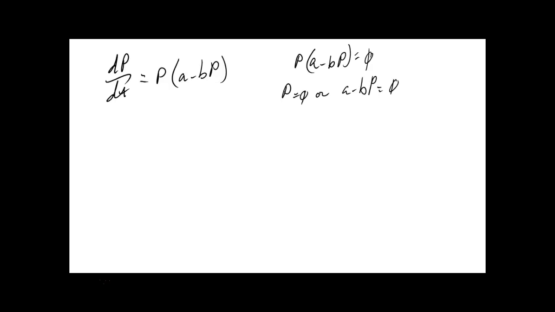Either P is equal to 0 or the other one's equal to 0, how we used to solve quadratic equations. So what would you do to solve that for P? Don't think so. Then you would have A equal to 0.